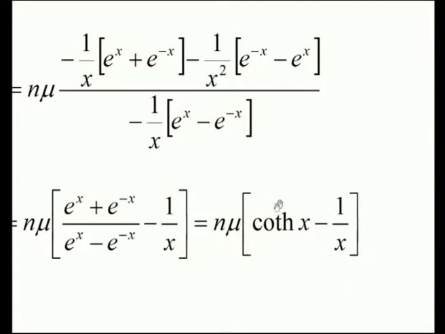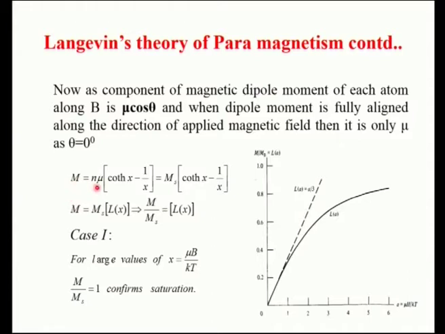This is actually a dimensionless function, and n is the concentration, mu is the magnetic moment per spin, and so we have this. And this M is therefore represented as n mu, where n mu is the maximum value possible. So, this is called the saturation value. So, M_s, the saturation magnetization, multiplying this function, and this function is known as the Langevin function, and here we plot the Langevin function as a function of x.